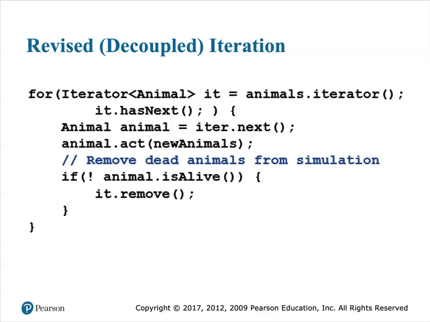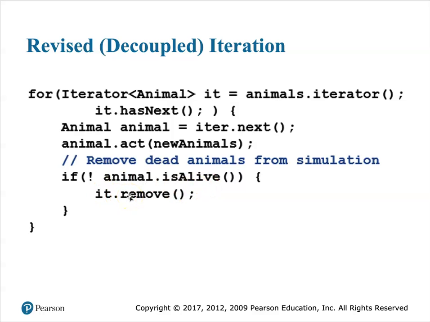Animals, give me your iterator. Iterator, grab the next animal, have that animal act, and that animal should do whatever it is that animal does. And that animal could generate new animals. So in this case, I might get back foxes or I might get back rabbits, depending on which class animal happens to be through polymorphism. And then if the animal's not alive, remove it from the simulation.